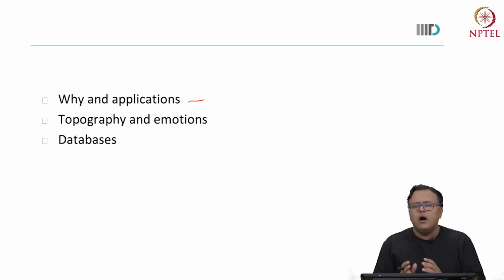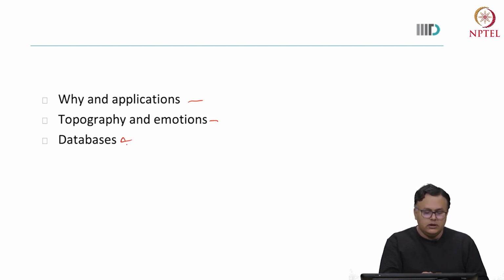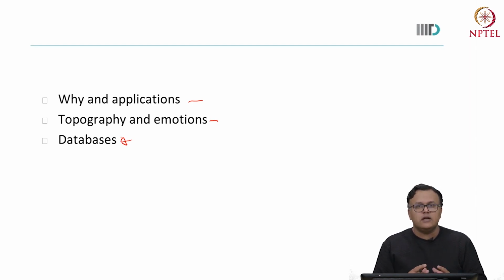So we will explore how emotion has been conveyed through typography, how different fonts are used to convey different emotions to a user when he or she is reading certain text. And then we will move on to the databases. So we will look at some of the resources which are available in the affective computing community where text has been labeled for its perceived affect.